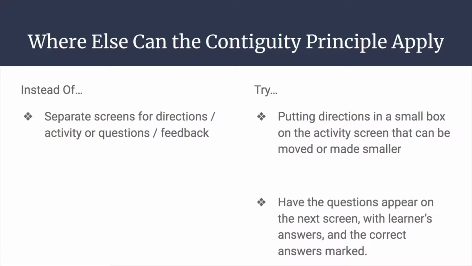So they suggest putting the directions in a small box on the activity screen that can be moved or made smaller, or for questions, have the questions appear on one screen, right? And the next screen with the learner's answers and the correct answers marked, so that the learner is getting feedback on the questions that they answered correctly or incorrectly without having to look back and see what they answered or what the questions were.